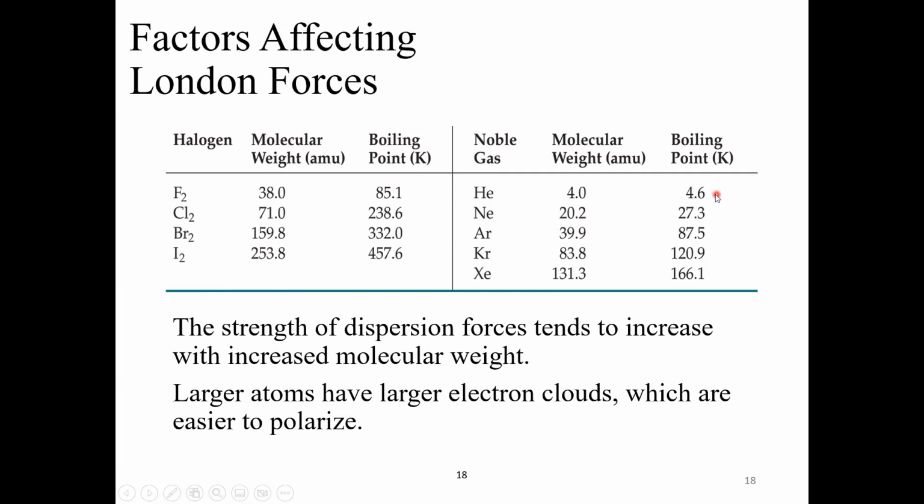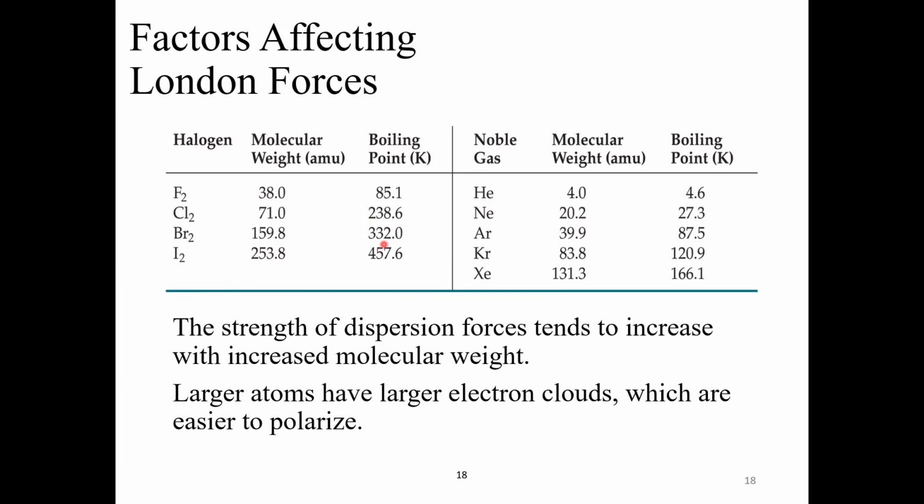So helium boils at less than 5 Kelvin, whereas xenon, 166, so still a very low temperature, but much, much higher than the helium. We can see it increase throughout that group. And then the same thing with the halogens. Fluorine and chlorine are both going to be gases at room temperature, just because that intermolecular force, that London dispersion, is going to be weak.